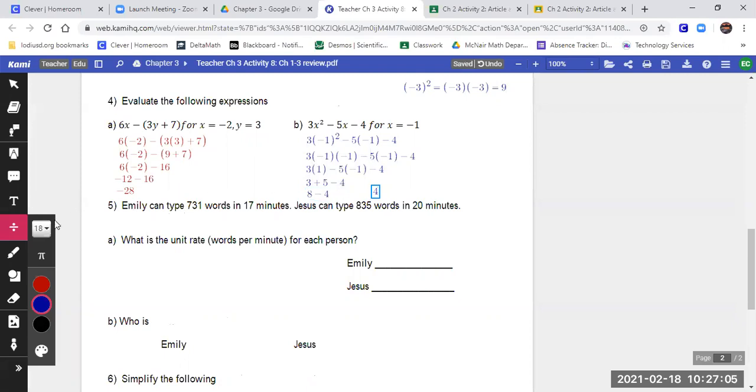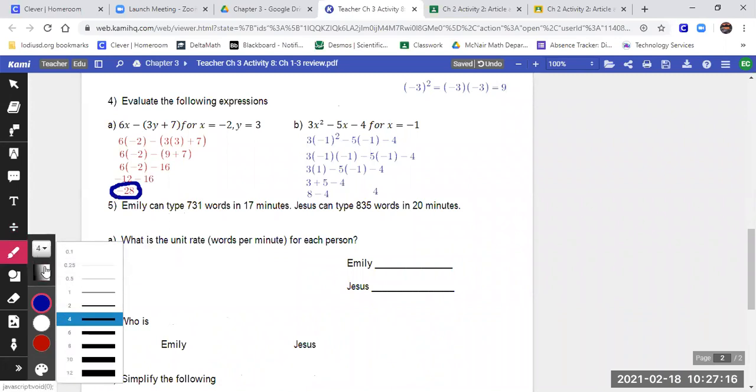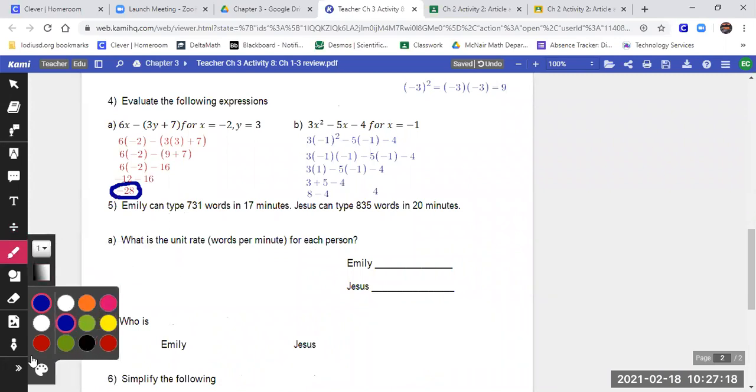4. Okay, so there's one of our final answers. I'm going to change the size of that in a second. I forgot to change it back after I used it. And here's our other final answer.